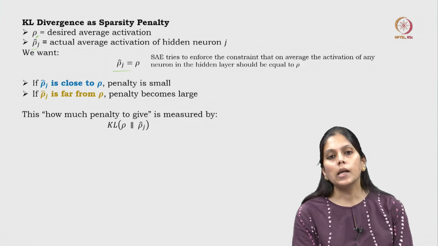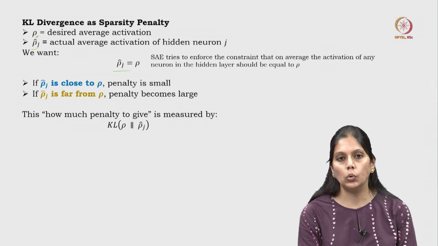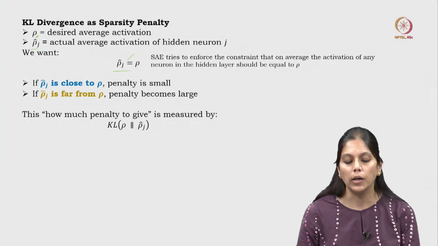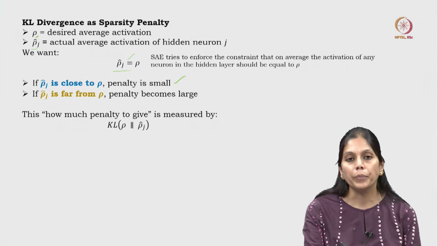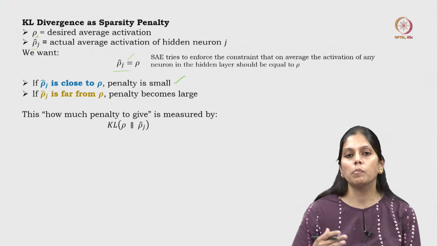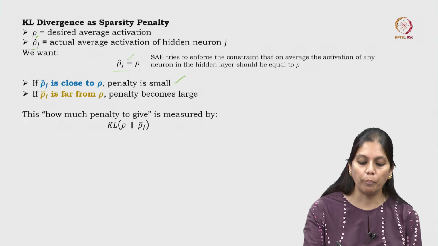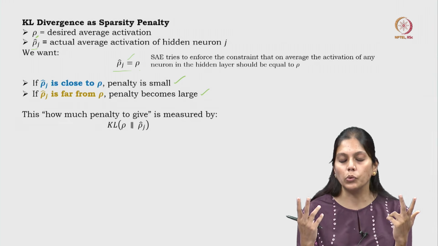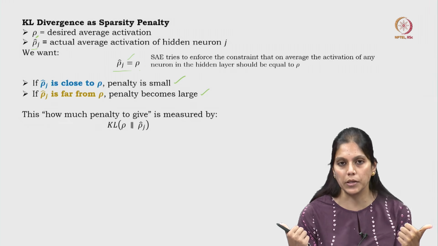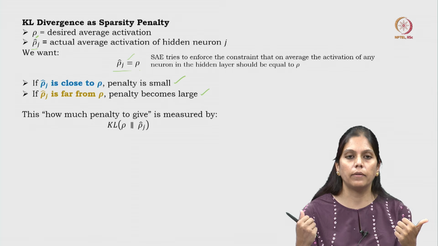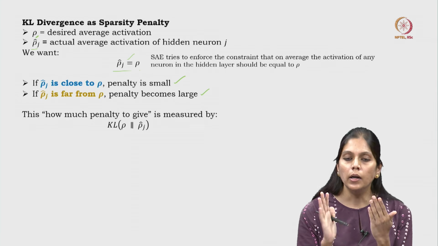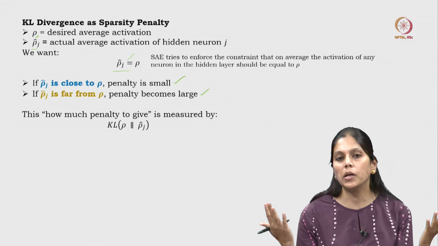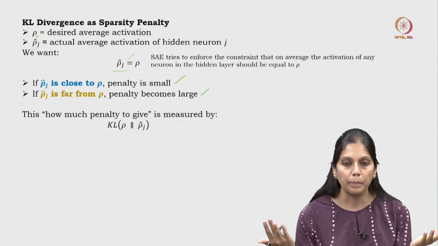Now, when both are very close, give less penalty. When they are very far from each other, give more penalty. So you have just two values, rho and rho hat. If rho and rho hat are very close to each other, add less penalty. If they are very far from each other, give more penalty.